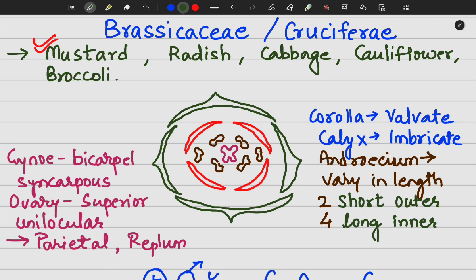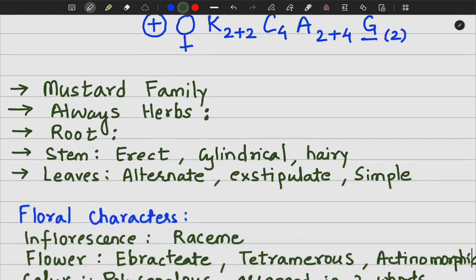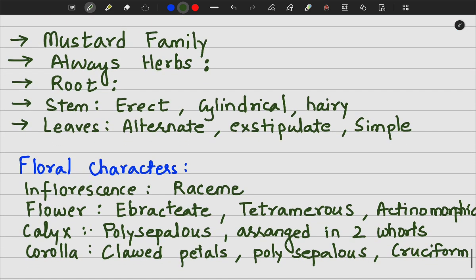Now let us continue with some more characteristics of the Brassicaceae or Cruciferae or the mustard family. Since mustard is the most important member of this family, this family is also known by the name mustard family. The plants of the mustard family are always herbs. You will never encounter a shrub or a tree.